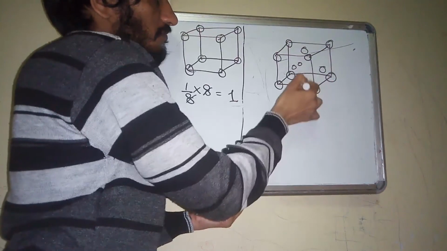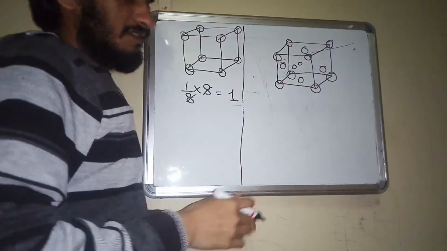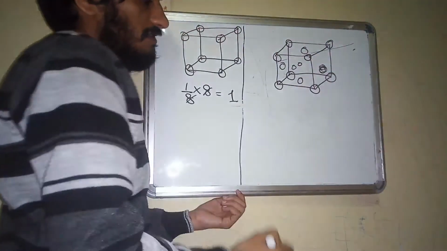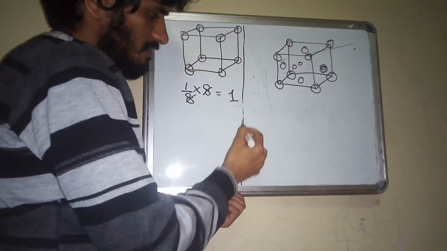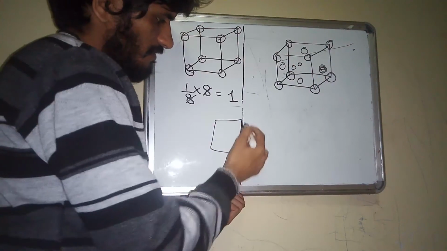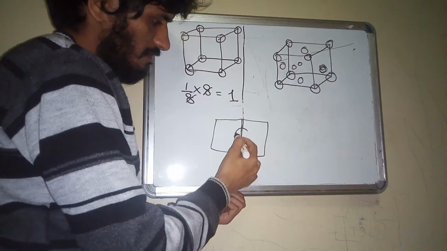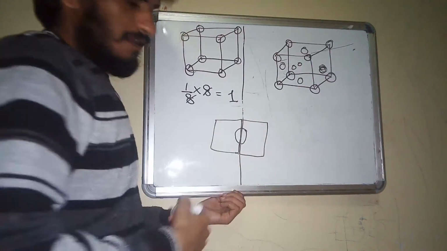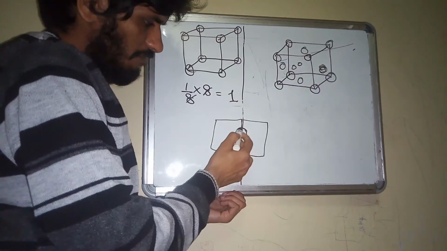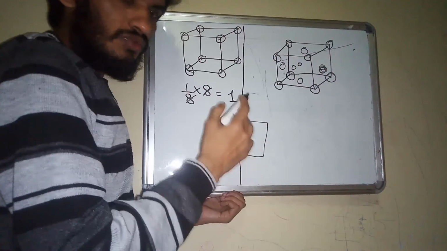6 atoms are present. So what is the contribution of the face atoms, the atoms which are located on the face? Now suppose this is the boundary of one unit cell, and this is the boundary of another unit cell. Now see here, this is a face center particle, meaning this atom is shared equally into 2 halves.